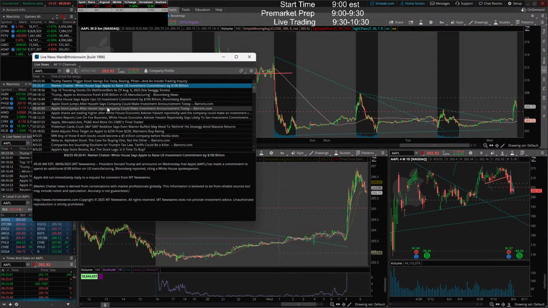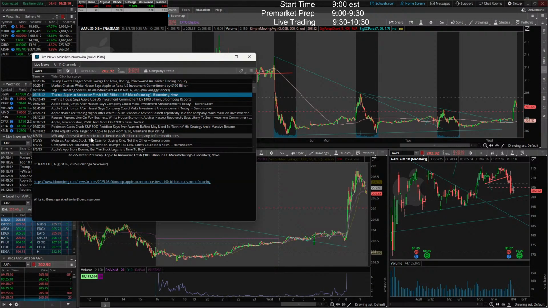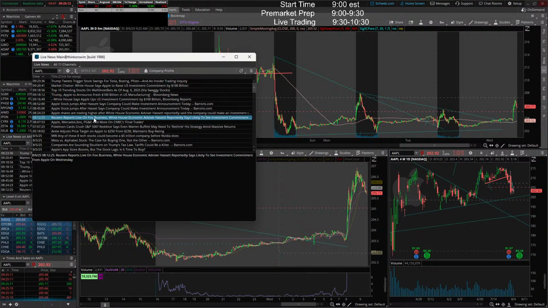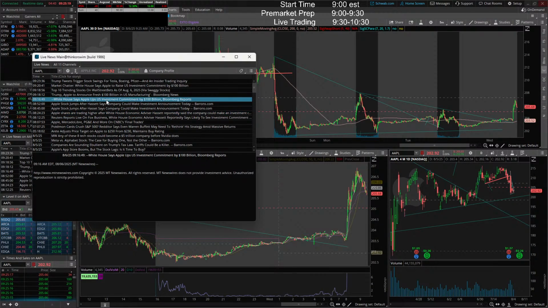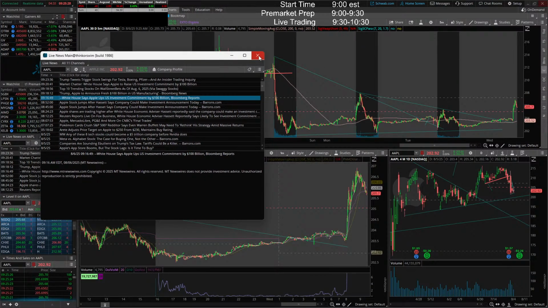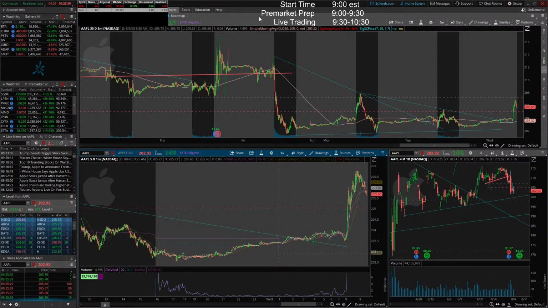White House says Apple to raise U.S. investment commitment by $100 billion. Because tariffs. It's not that they don't want to use the sweatshops, they just can't anymore.